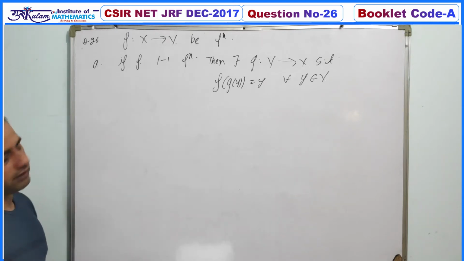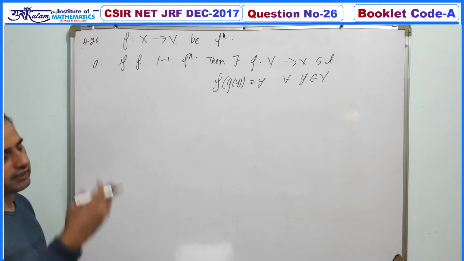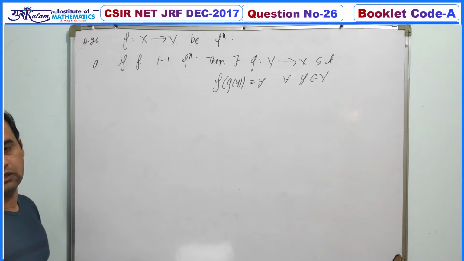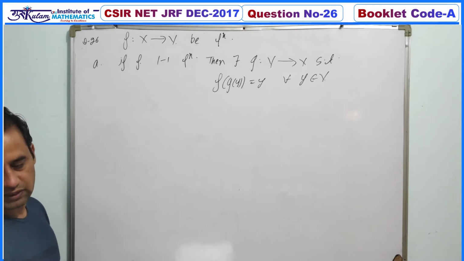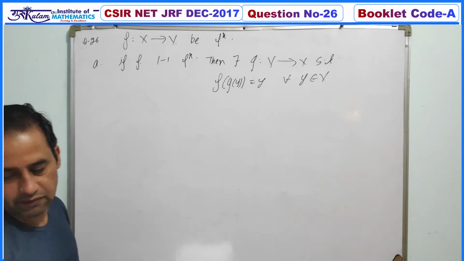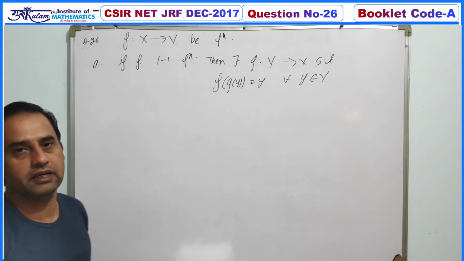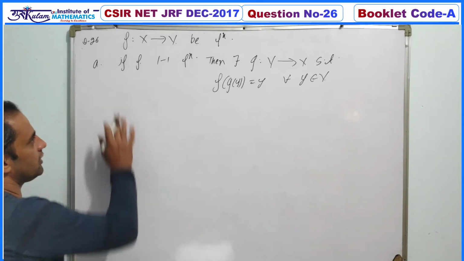Similarly, second: if f is onto, then there exists g satisfying this property. Third: f is injective and Y is countable, then X is finite. Fourth: f is surjective and X is uncountable, then Y is countably infinite. So let's start with the first option.